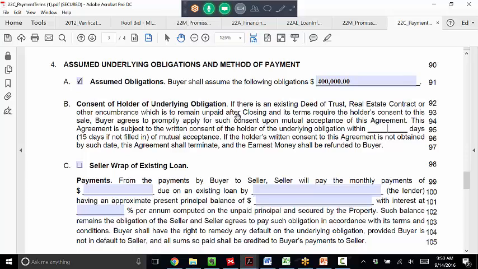This agreement is subject to the written consent of the holder of the underlying obligation within whatever days of mutual acceptance. If the holder's written consent to this agreement is not obtained by such date, the agreement terminates. So this language is if we intend to do a formal assumption. Like I said, not likely, didn't happen.